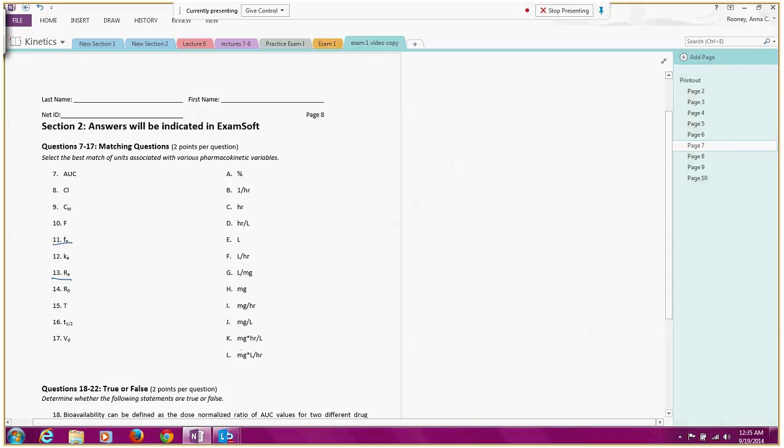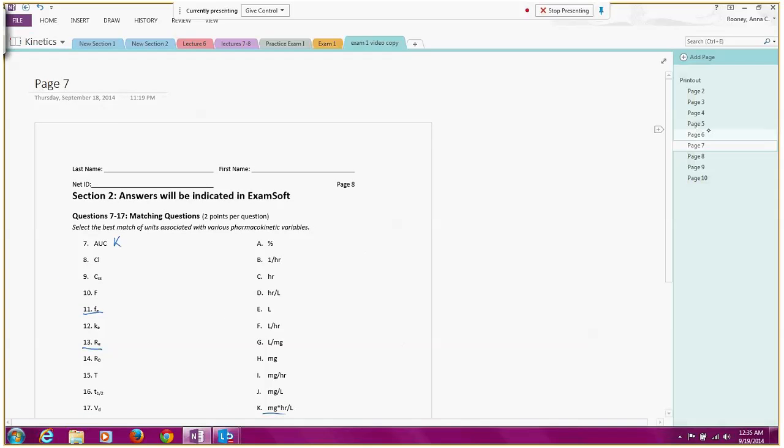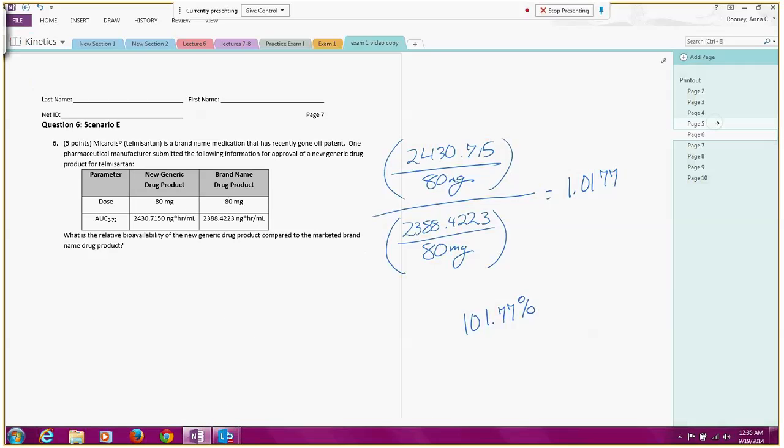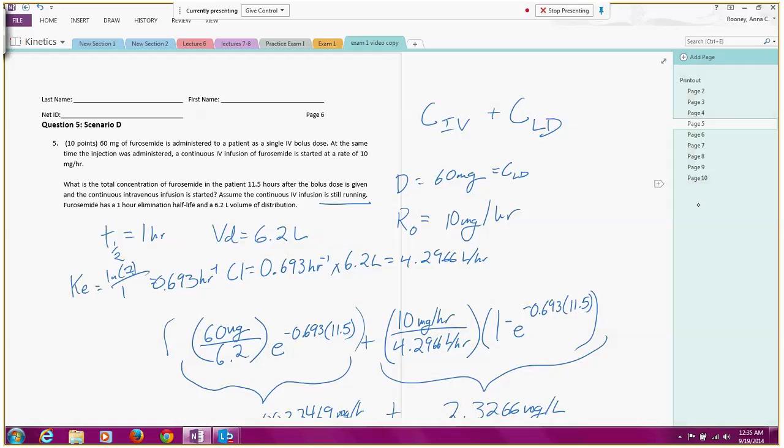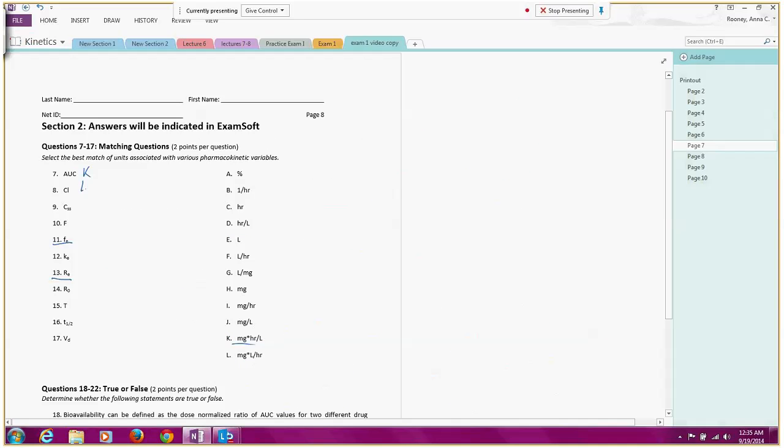So you go down and you go, oh yeah, that's K. You just use the exam. Clearance? I used clearance back here. Clearance was liters per hour. So it's F.